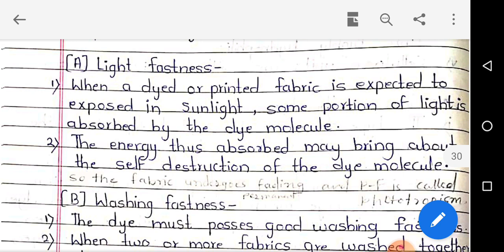If the light is absorbed by that material and that light can cause the destruction of the dye, this destruction should be stopped. That dye should be heat resistant. Such types of dyes are useful.